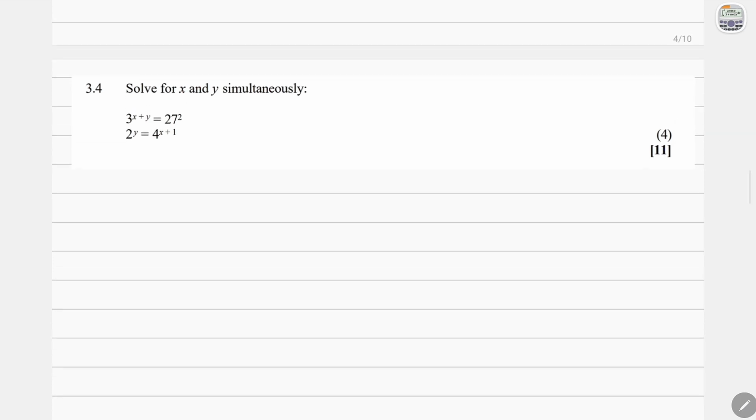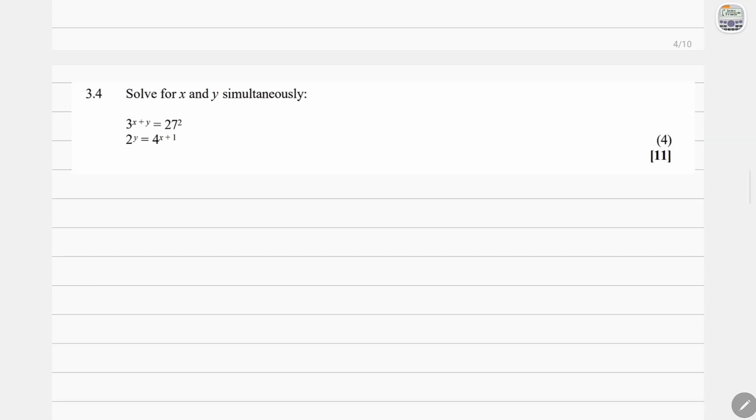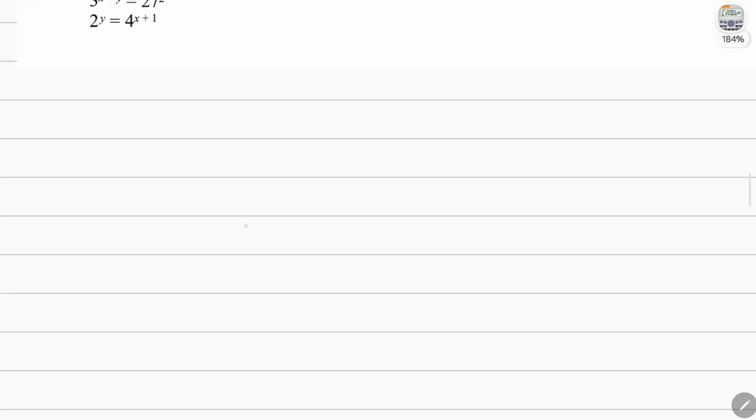The last question is a simultaneous equation, and we need to solve for x and y simultaneously. Now, this one works a little different to the ones that you've always been working on because we have exponential equations here. But the thing about exponential equations is, for example, let's say you're given something like 2 to the power of x is equal to 8.